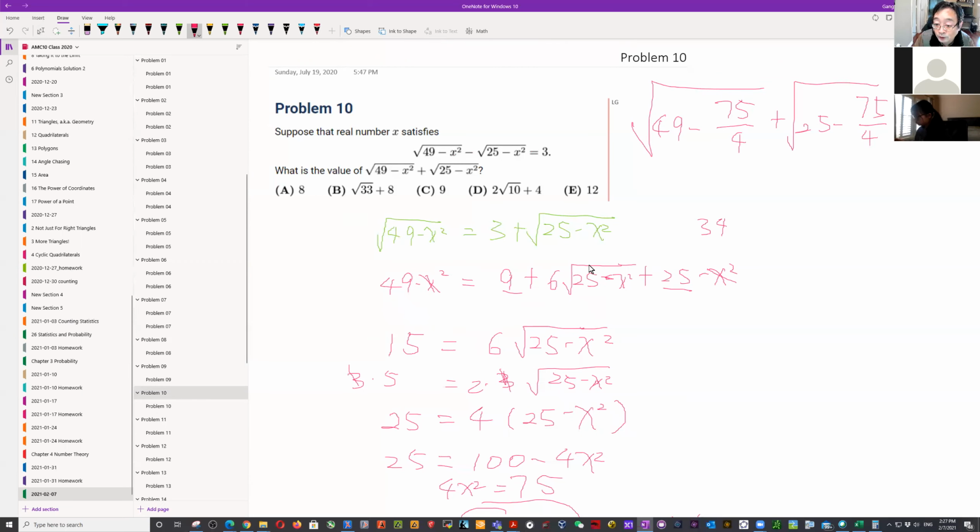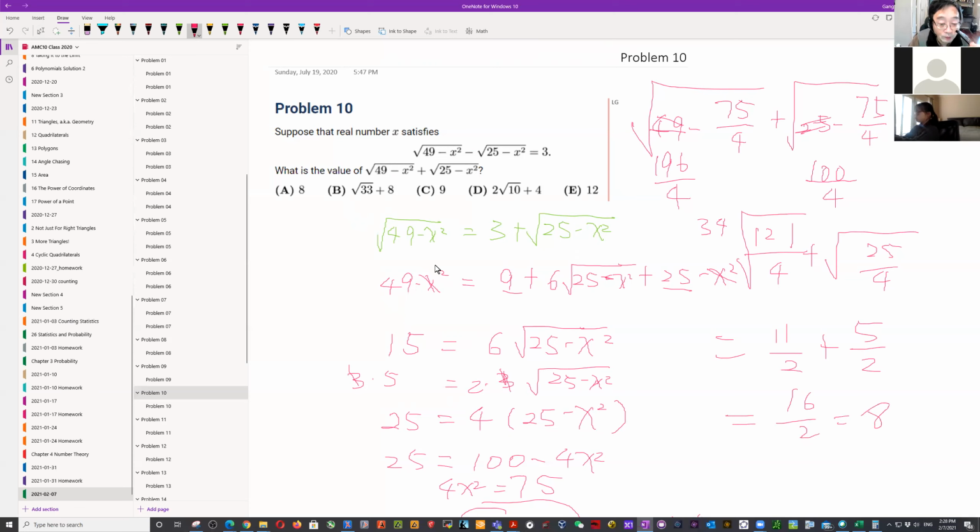Here it's just 49 multiplied by 4 equal to 196, and this one is 100 over 4. So this part is going to be 25 over 4, and the other part is going to be 121 over 4. Both you can square root out. This is 11 over 2 plus 5 over 2 equal to 16 over 2 equal to 8.